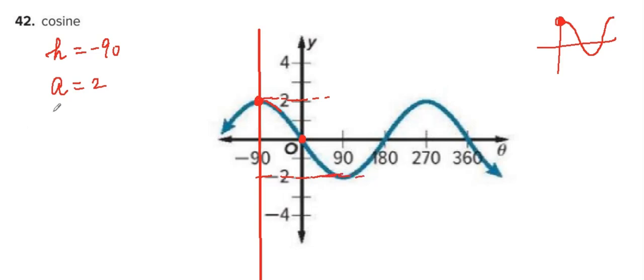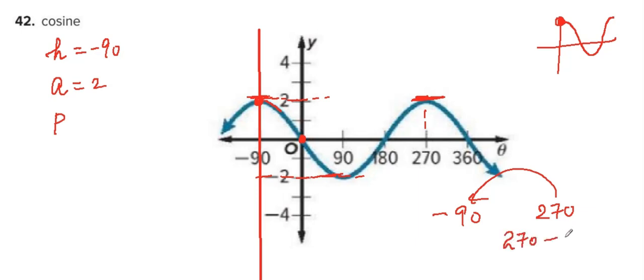Then we need to find out the period. If you see, from top to top, from this point to this point, you can say the distance from -90 to 270. Just you need to find out the distance, so just subtract them. 270 minus -90, how much will it be?